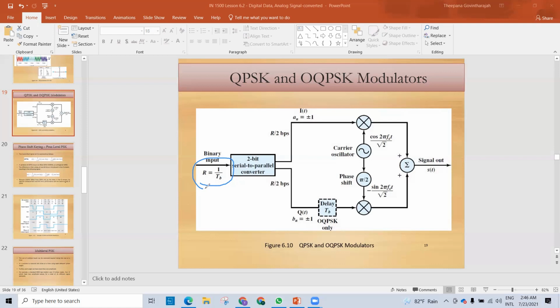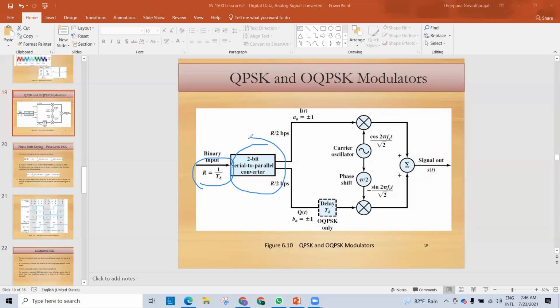That serial 2-bit combination will be split into parallel. So, this is the 2-bit serial to parallel converter.